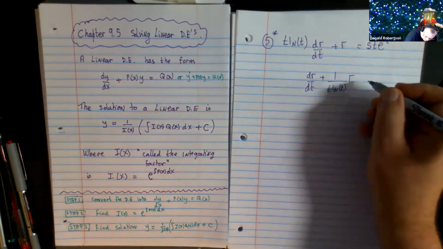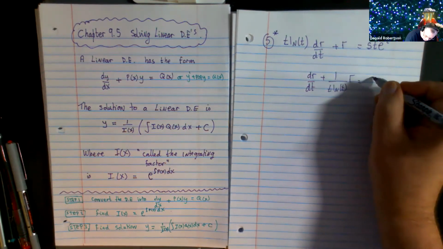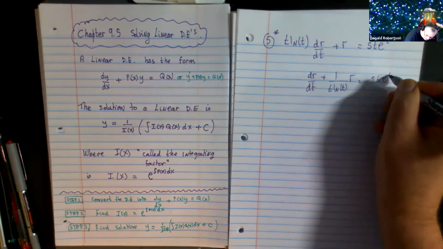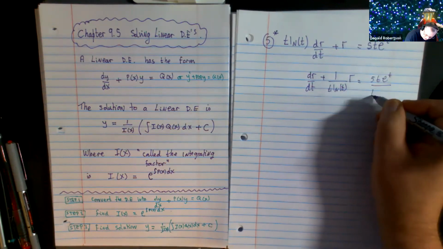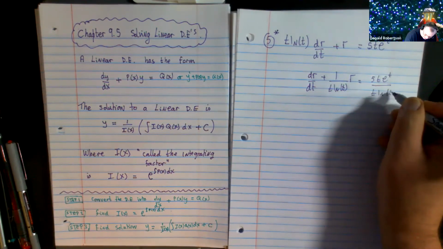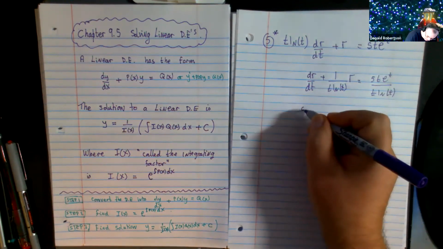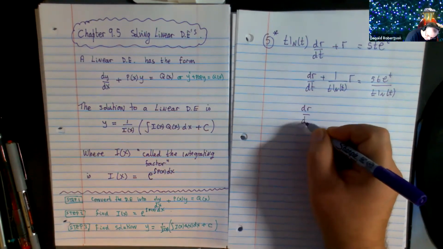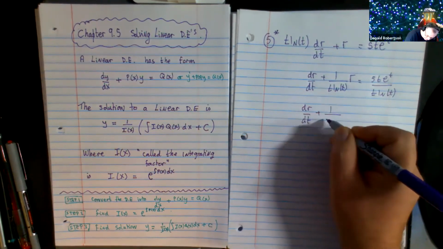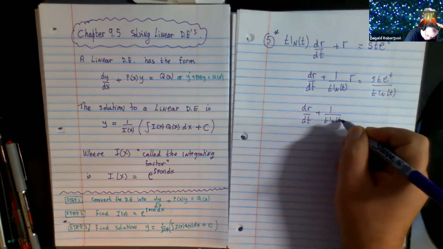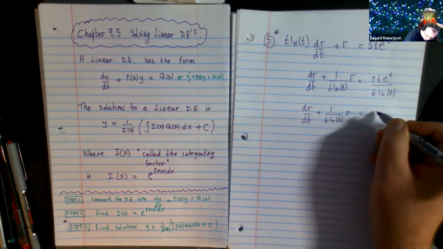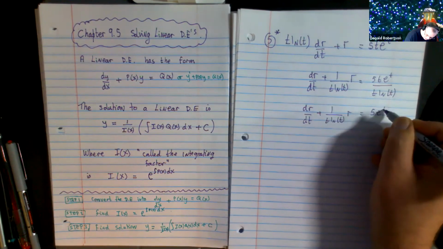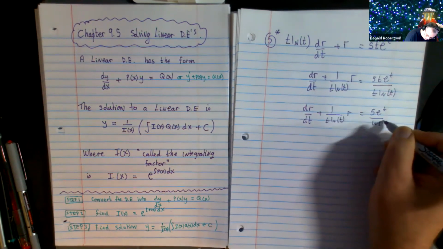And then it's going to equal, well, essentially 5t e to the t over t natural log of t. Now that I've written that down, I realize I can cancel. So I shall do that. And I get that.